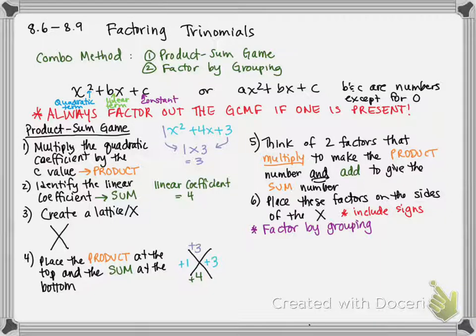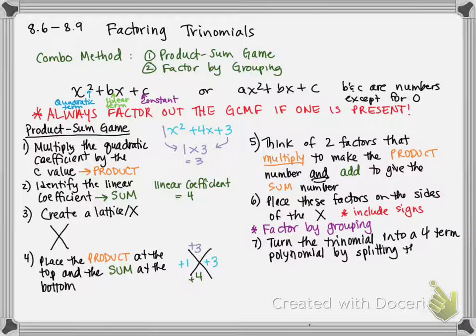So what we're going to do is turn the trinomial, our x squared plus 4x plus 3, into a 4-term polynomial by splitting the middle term into 2 terms using the factors from the game.